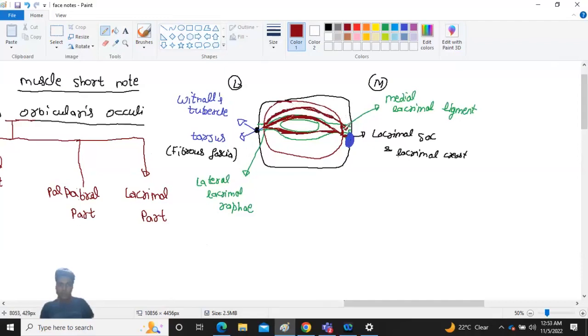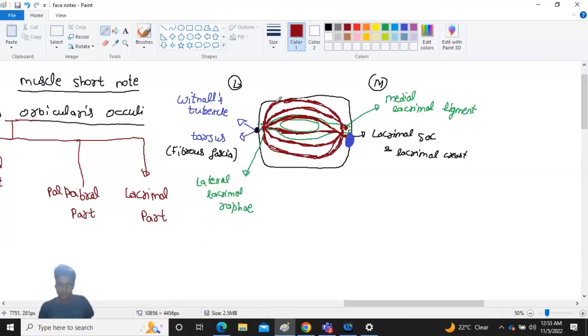This palpebral part is not only present above, but also below. This is the palpebral part, and this is the orbital part. Done. These are the three parts.